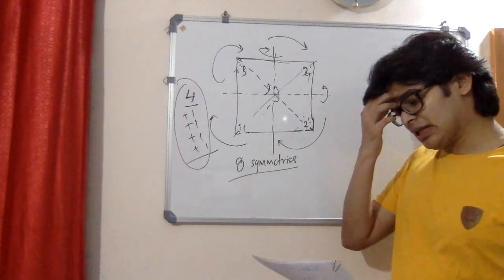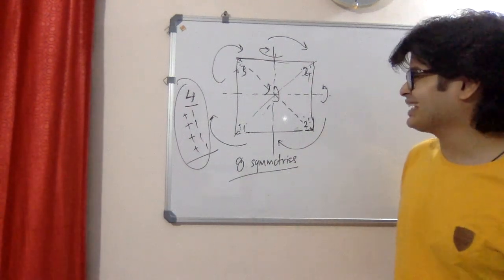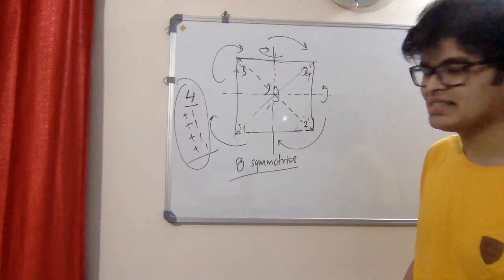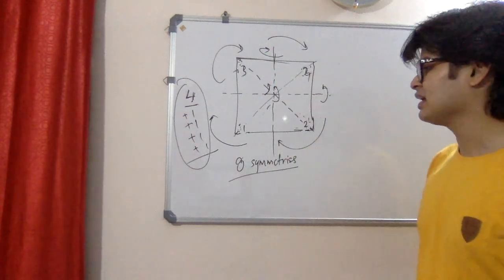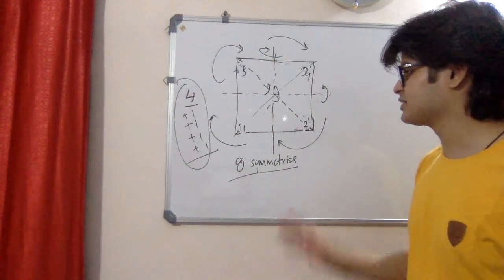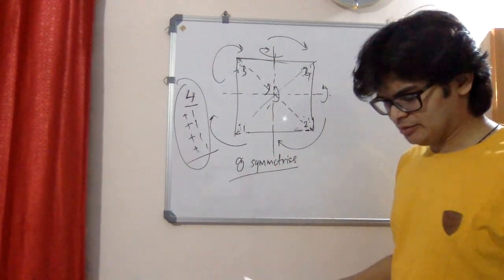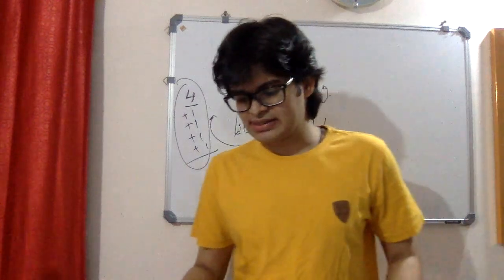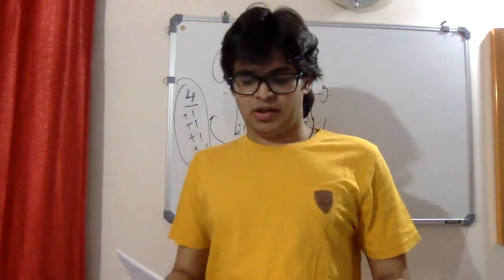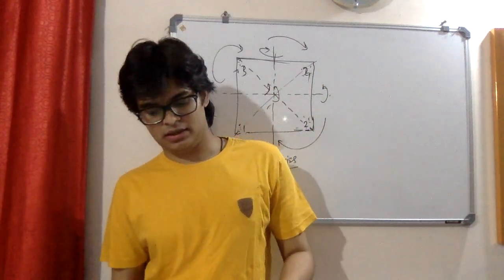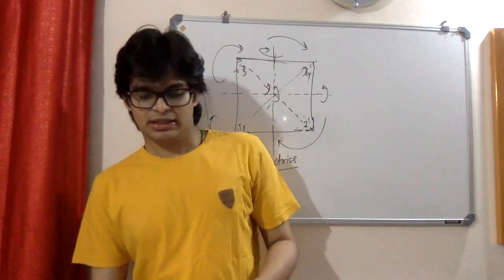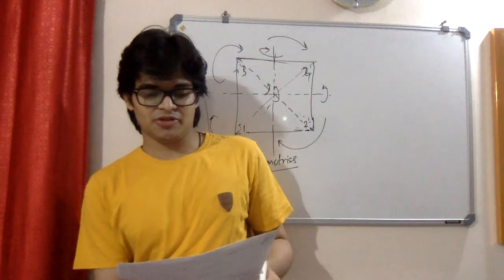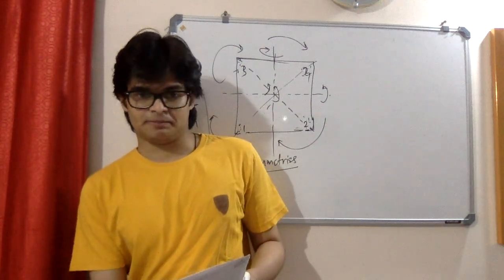Now this was just a recap from high school. We have studied that a square has 8 symmetries, and this is how we conclude that a square has 8 symmetries. Now, platonic solids such as icosahedron or dodecahedron, that are basically regular convex polygons, also have symmetry in them.